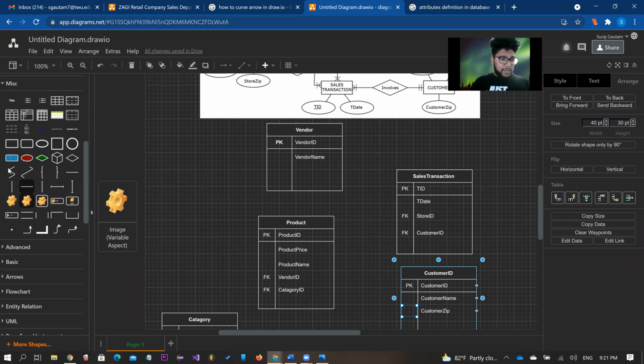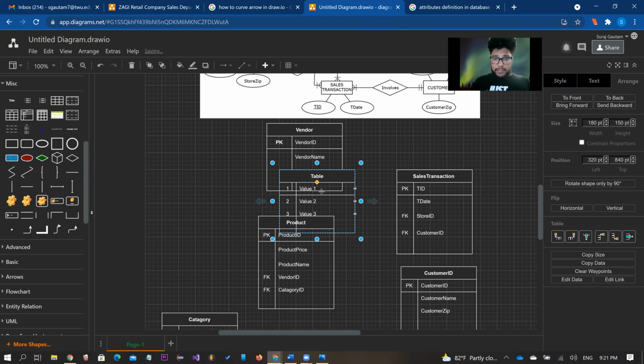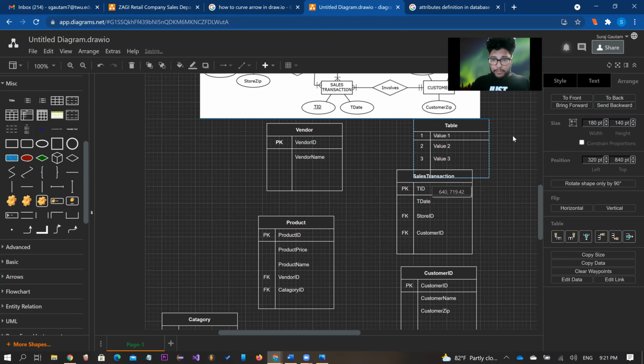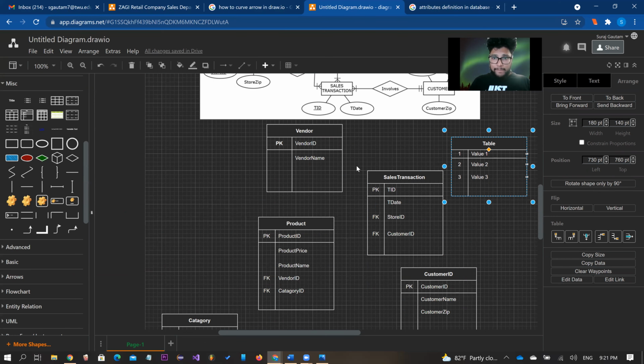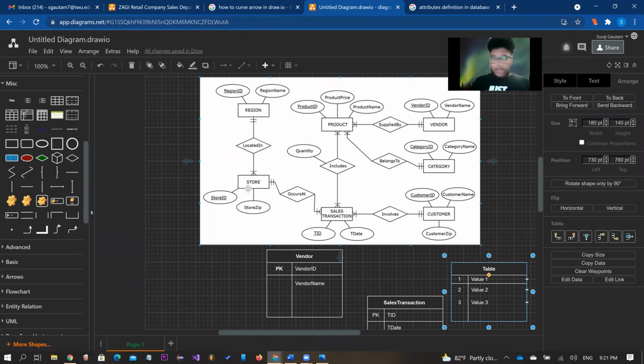We have one more left, which is store, which is store ID.